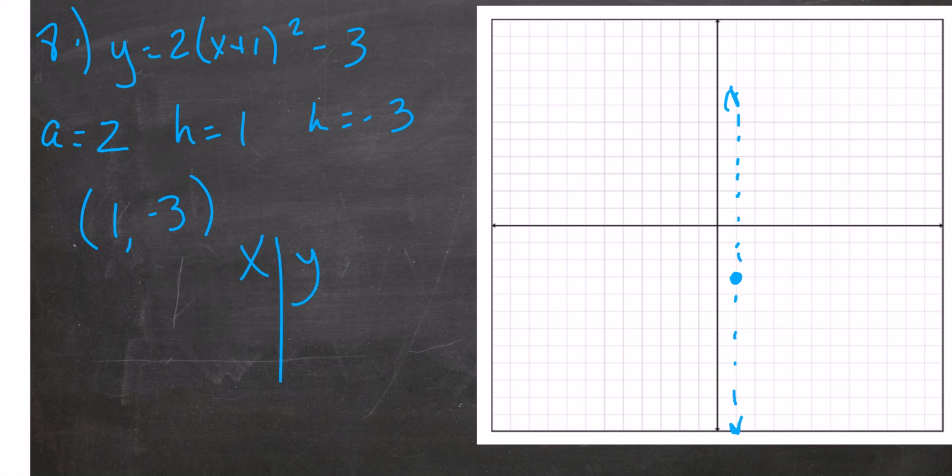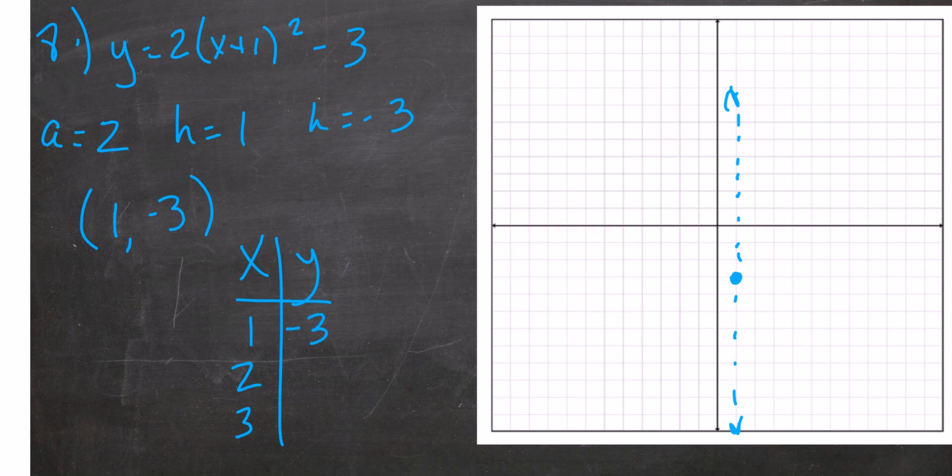Make my XY chart. Now you guys, you can make it smaller, so you don't always have to go bigger, or I can continue to just add 1 and add 1.